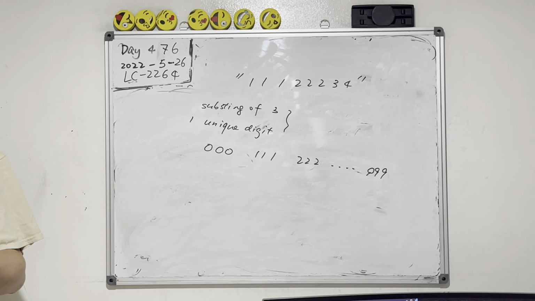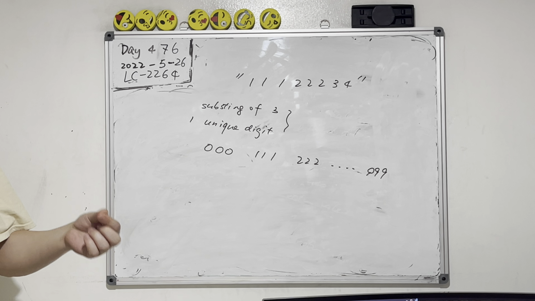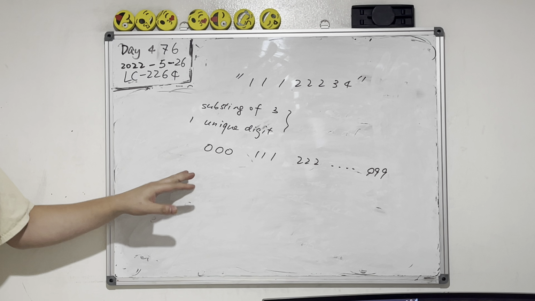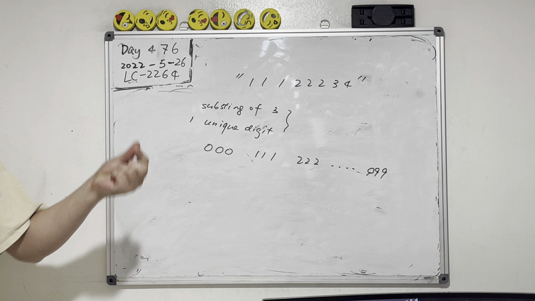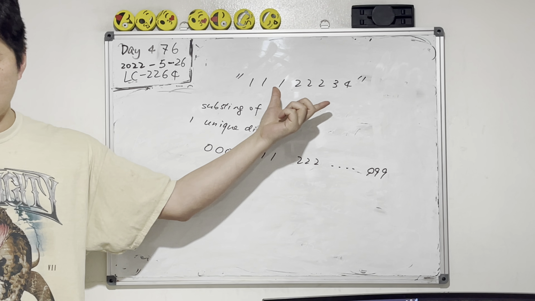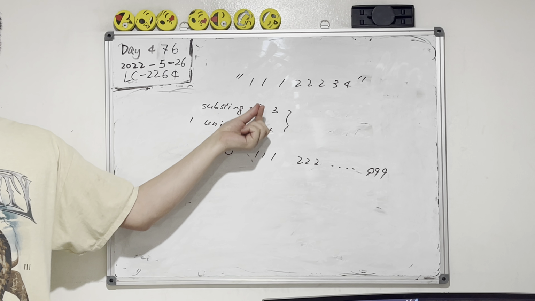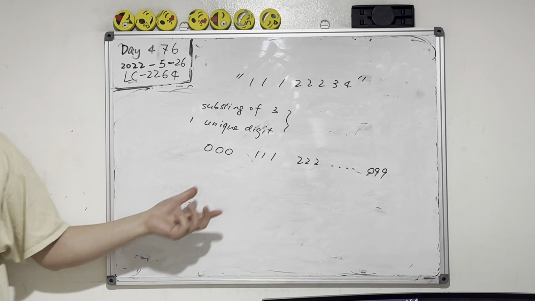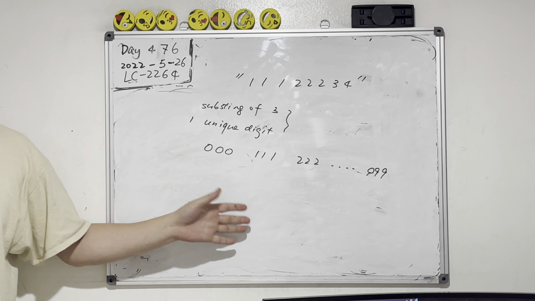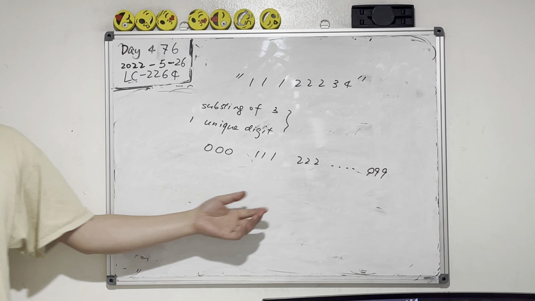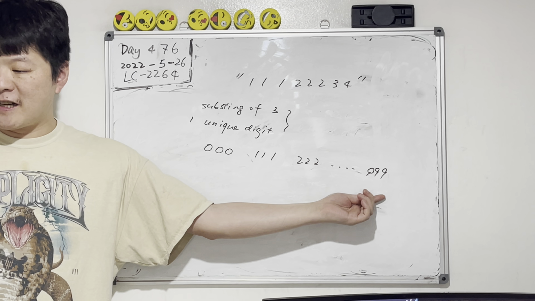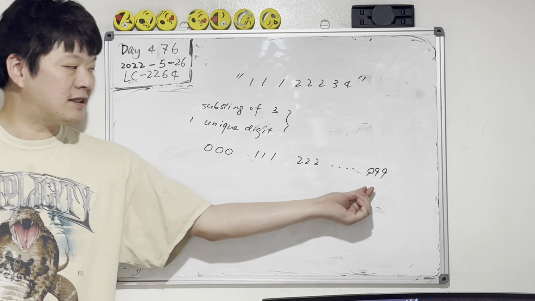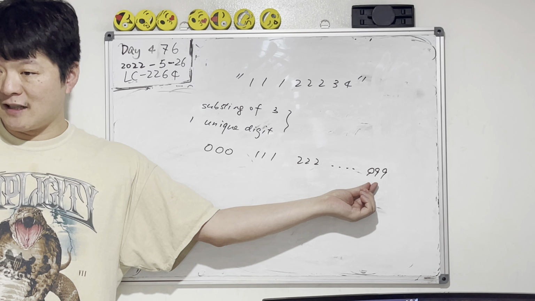There are two ways of checking possibilities. We want to find the largest 3-digit substring in the string that contains only one unique digit. One way is that, because there are only 10 possibilities, let's just check from 999 backwards. If 999 is in the string, we return it.